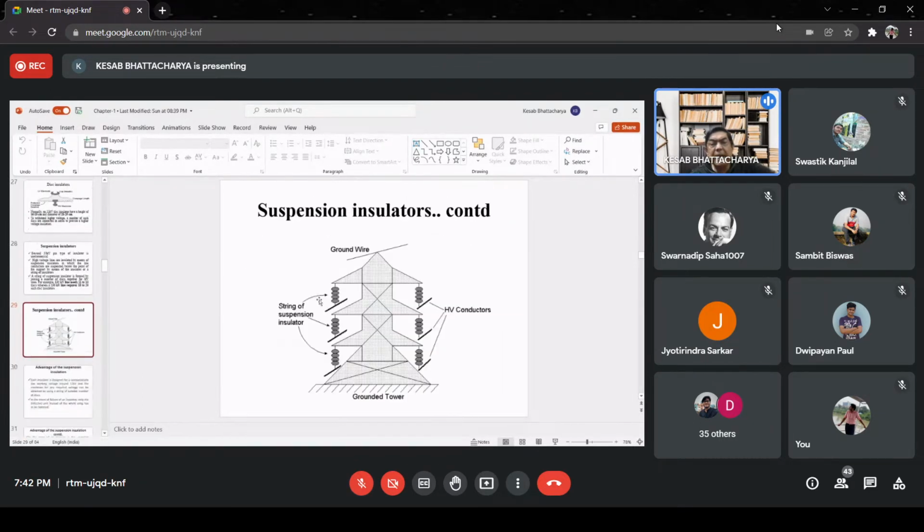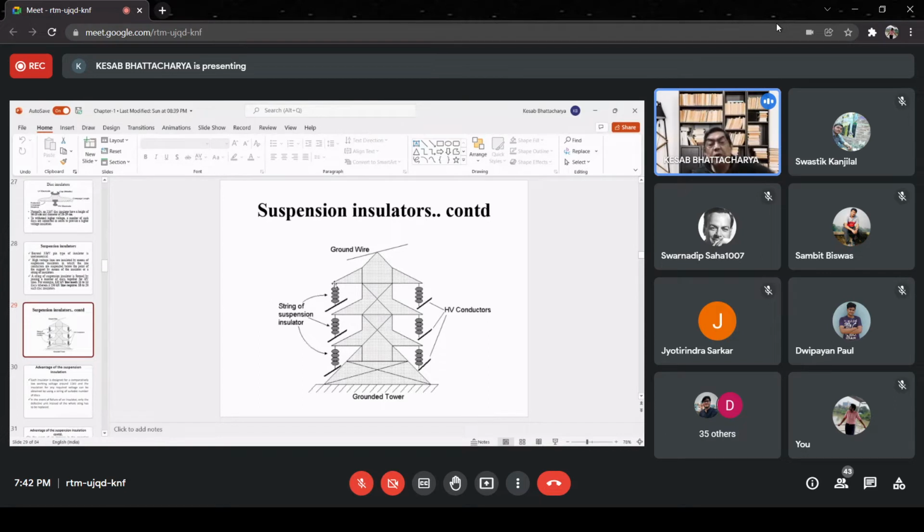Now let us see a diagram. Suppose this is the transmission tower. These are the suspension insulators as seen from the diagram. These are the strings of suspension insulators. At the lower end or bottom end of the suspension insulator, the HT conductors are supported. And this is the tower cross arm from where the suspension insulators hang.